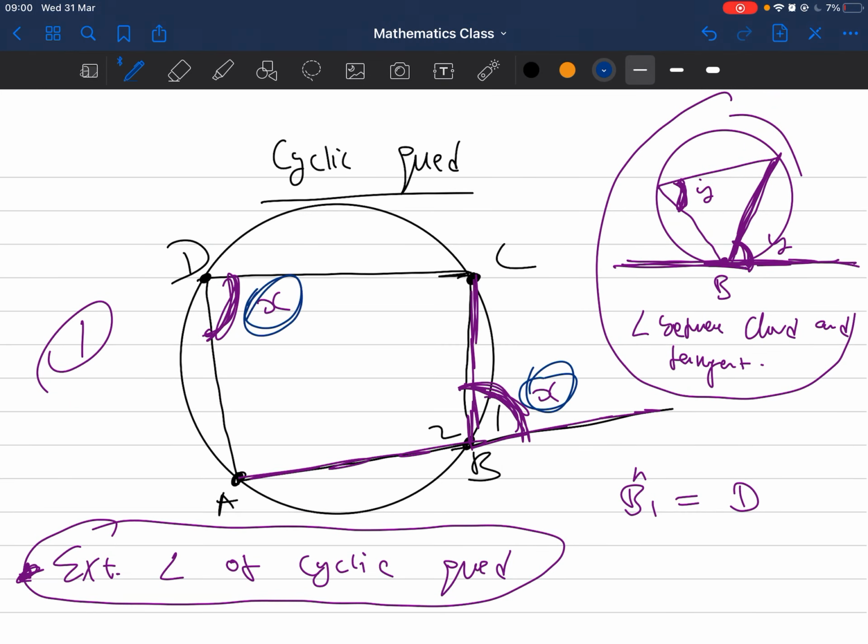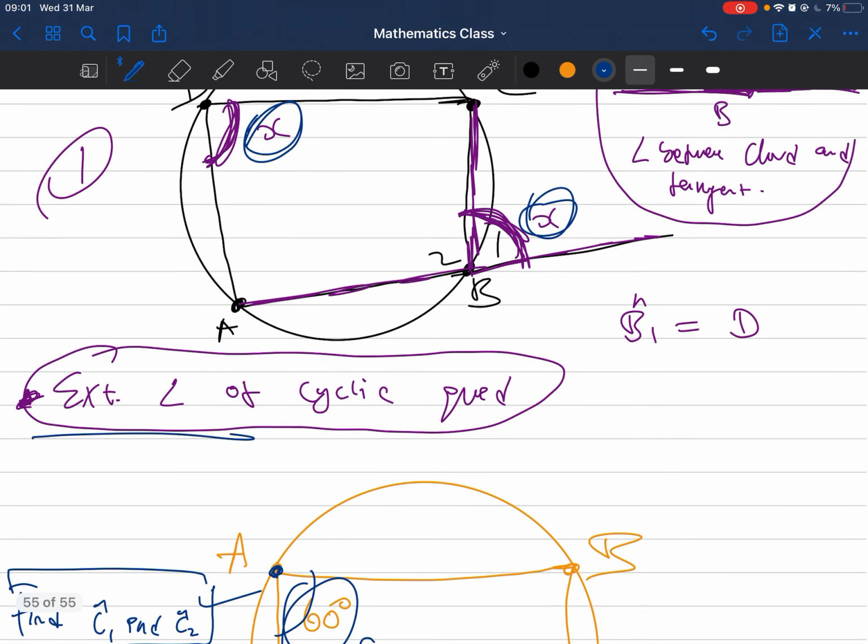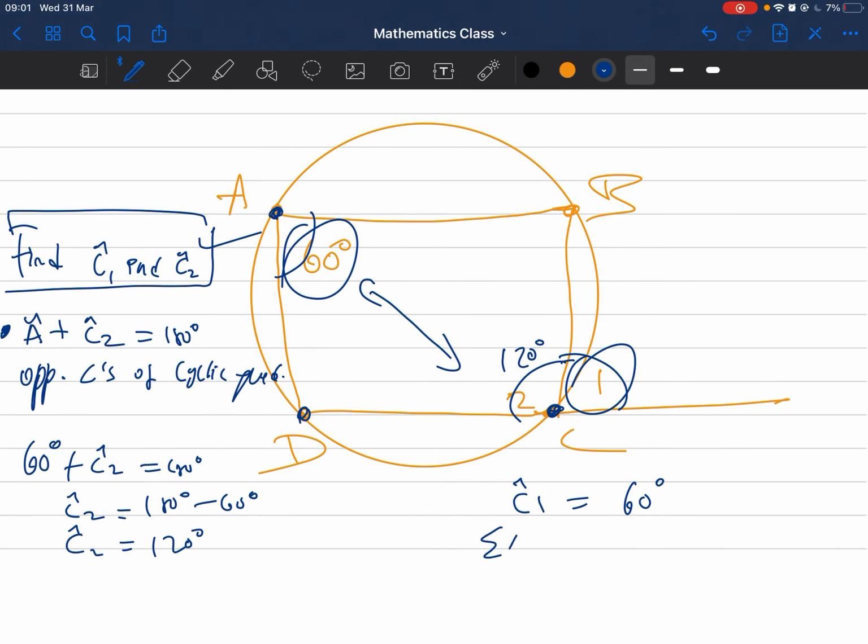Same thing, this and this are equal. C1 is equal to 60 degrees. And the reason for that is exterior angle of a cyclic quad.